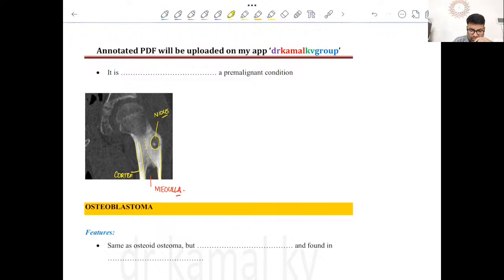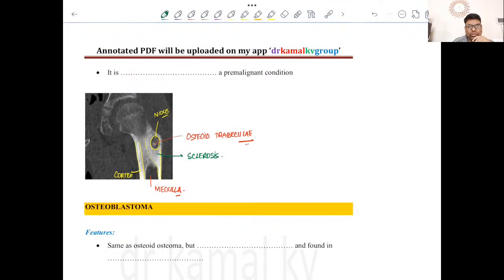In this black cavity we can see small white lines. These are actually osteoid trabeculae, and surrounding this we can see all whiteness. This whiteness is known as sclerosis, right?